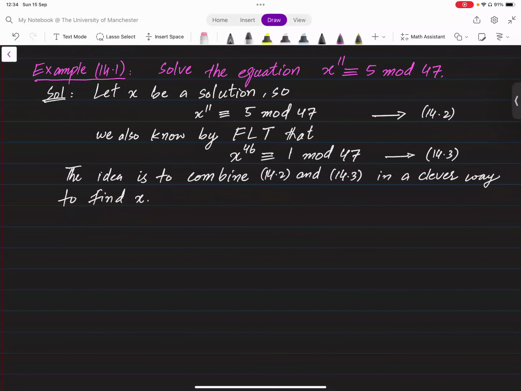Now the key is to observe that 11 and 46 are coprime.